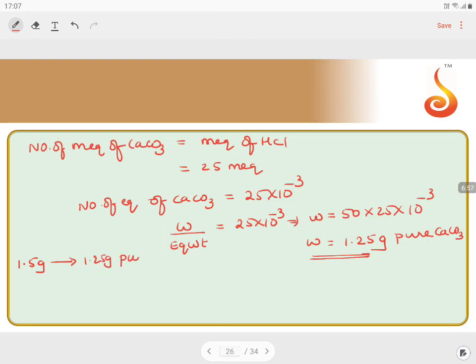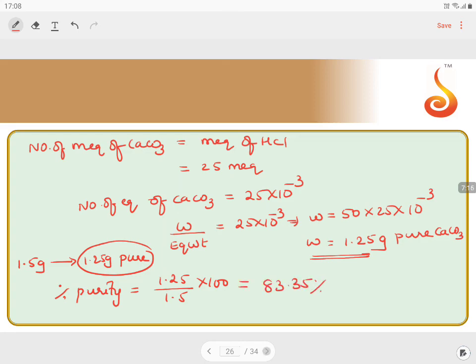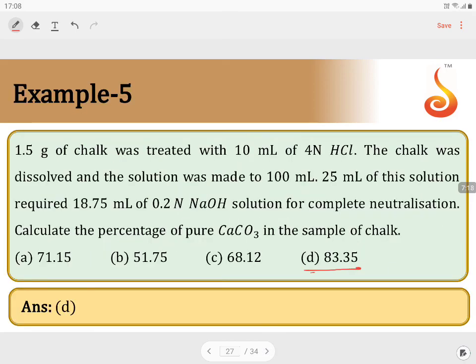So what is the purity? Percentage purity is 1.25 by 1.5 into 100, which equals 83.35%. So the percentage purity comes to be 83.35%, and that is option B.